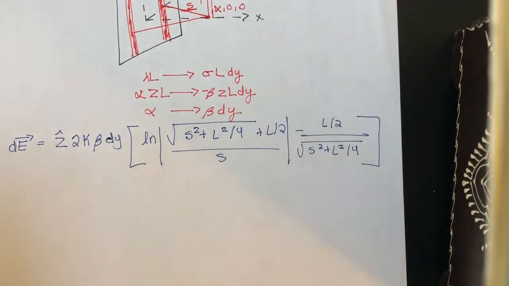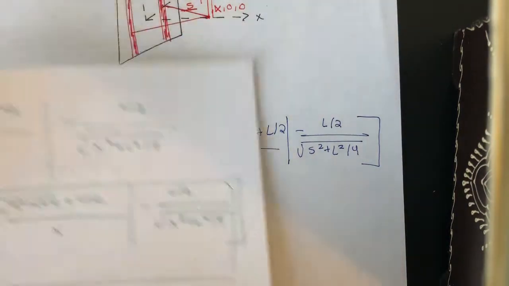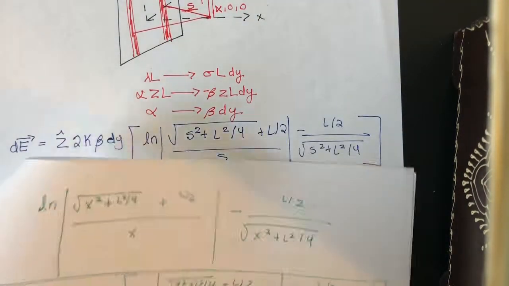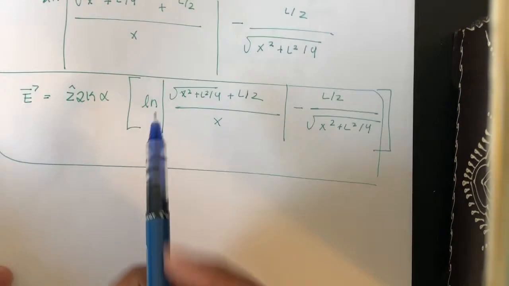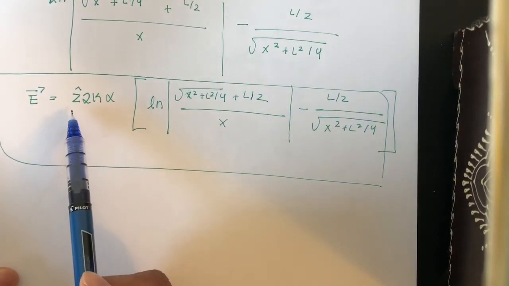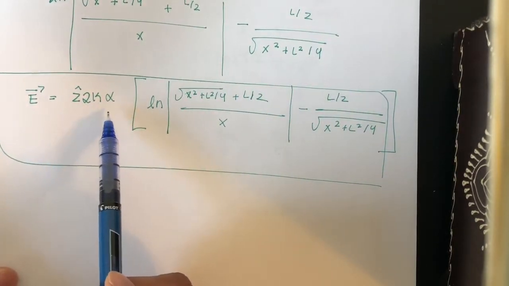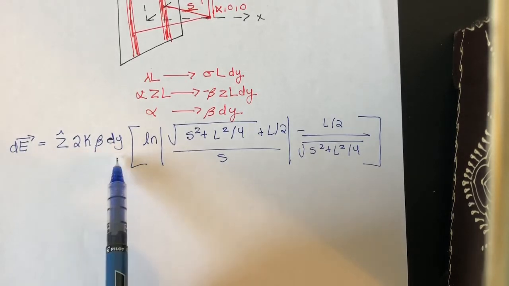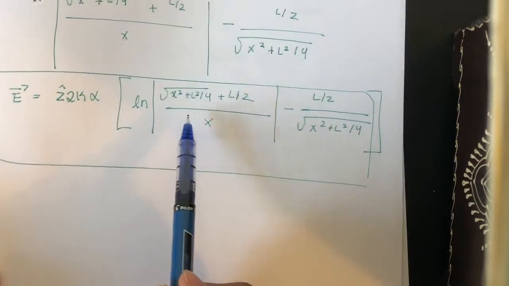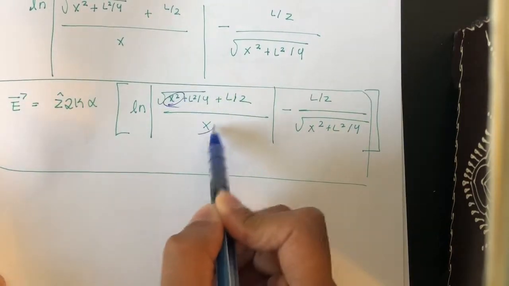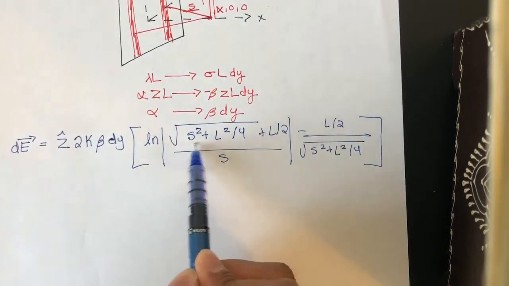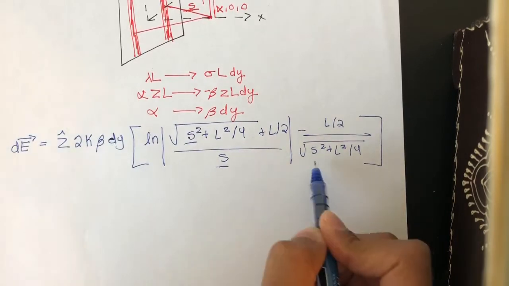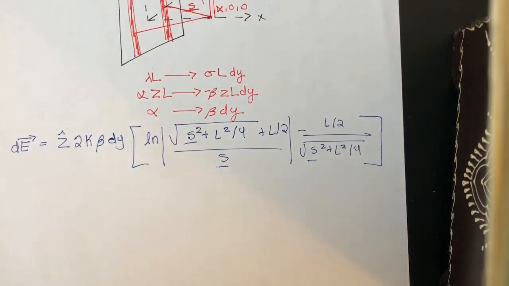So you can see that our result, so here we had z hat 2k alpha, now it's this, z hat 2k beta dy, and then we changed the x's here to s's. And there's one more step.